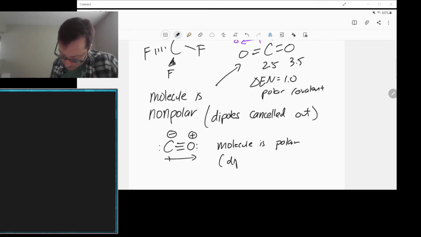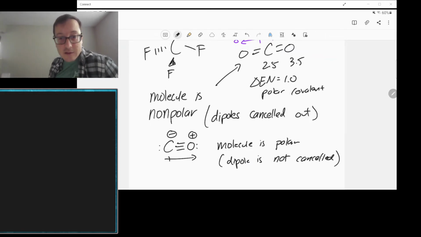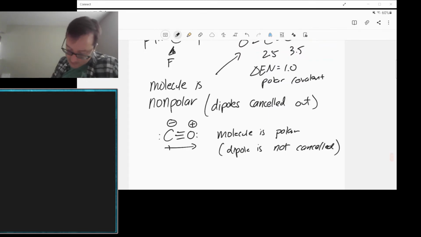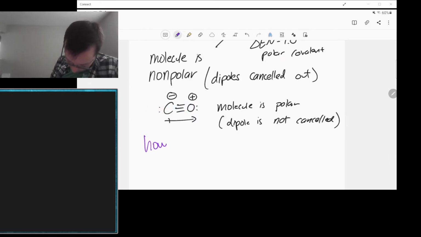The dipole is not canceled out. And here's the super easy way to tell if a molecule is polar or not. How to tell if it's polar.